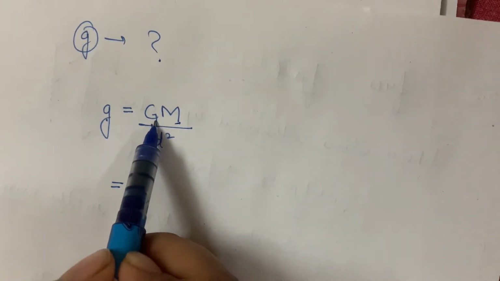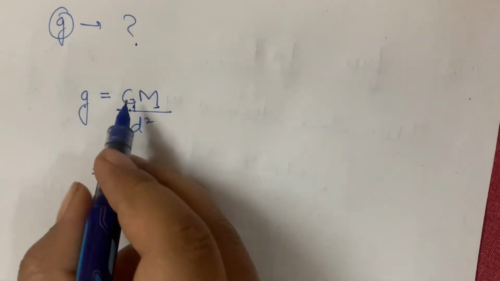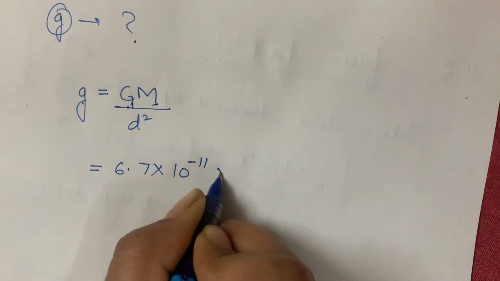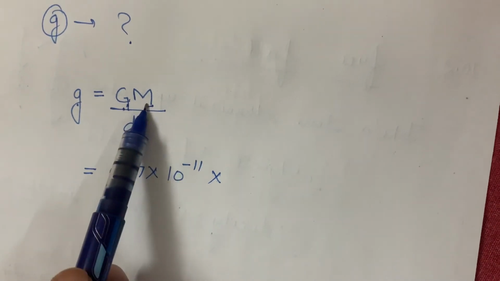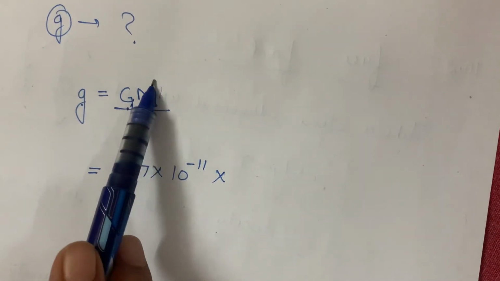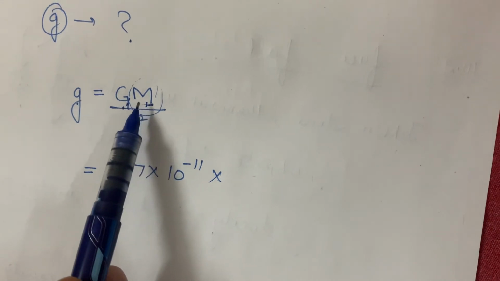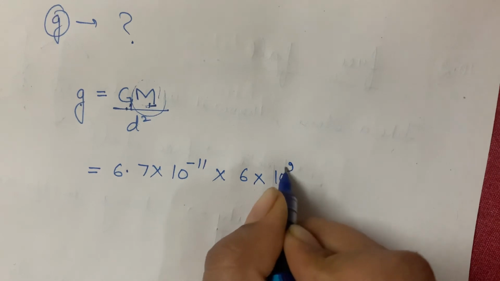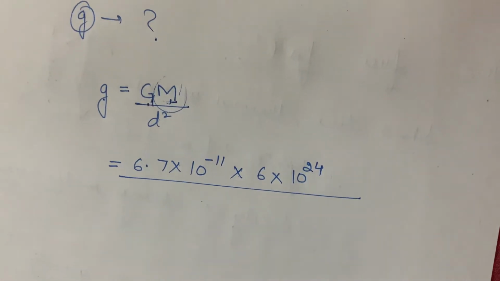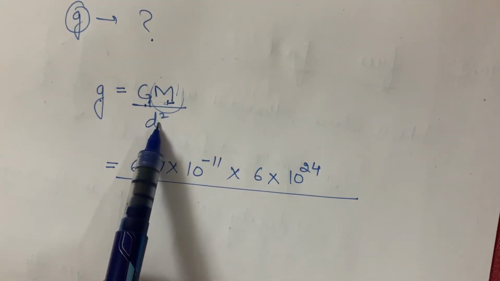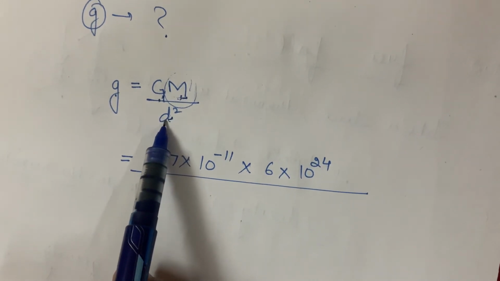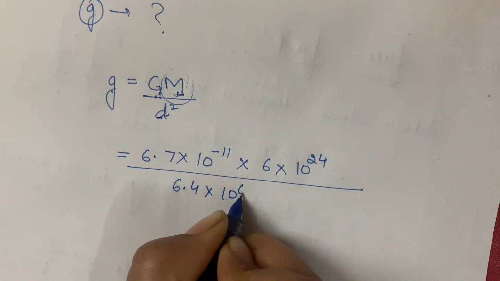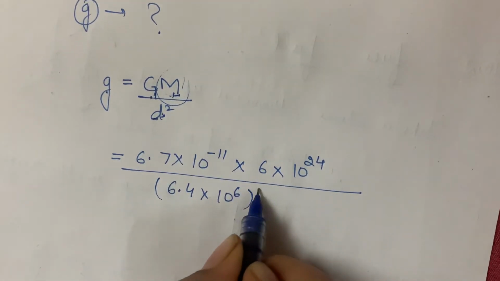In the first video, we discussed that the value of G is 6.7 into 10 raised to power minus 11, and the mass of Earth, which you have to learn, is 6 into 10 raised to power 24 kg, upon d square, where the radius of the Earth, or distance, is 6.4 into 10 raised to power 6 meter, squared.